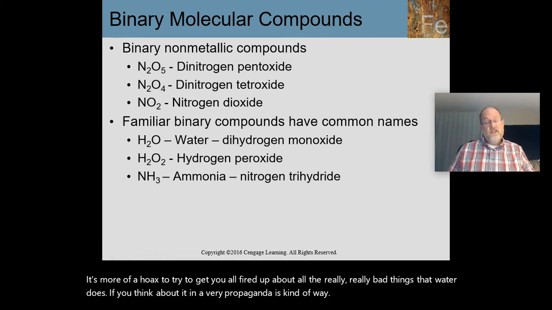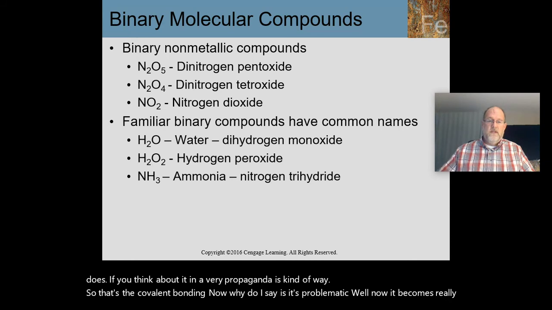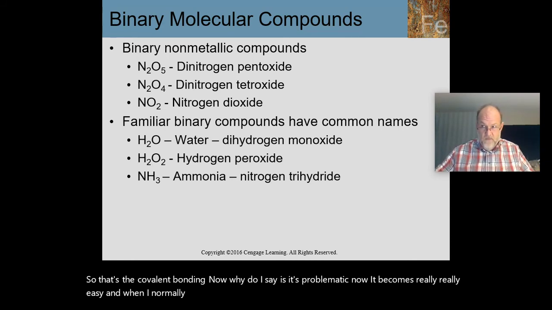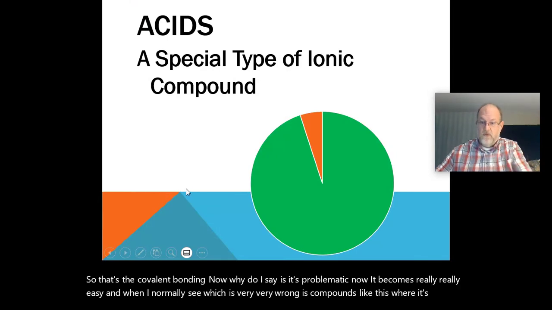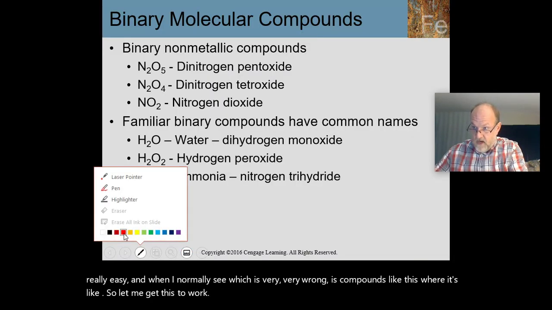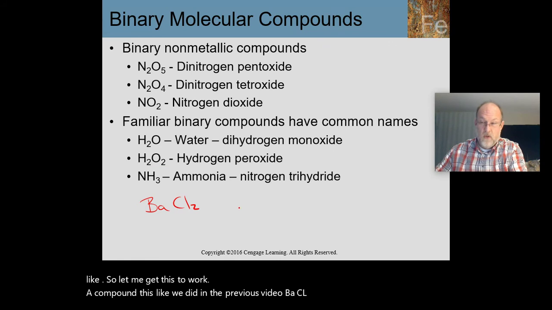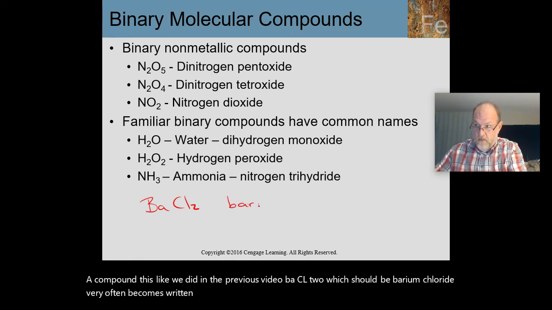Okay, so that's the covalent bonding. Now, why do I say it's problematic? Well, now it becomes really, really easy. And what I normally see, which is very, very wrong, is a compound like we did in the previous video, BaCl2, which you know should be barium chloride, very often written as, well, why don't I just call it barium dichloride?